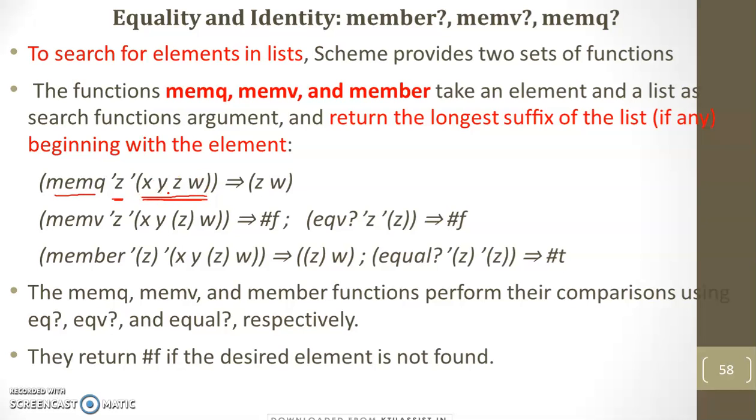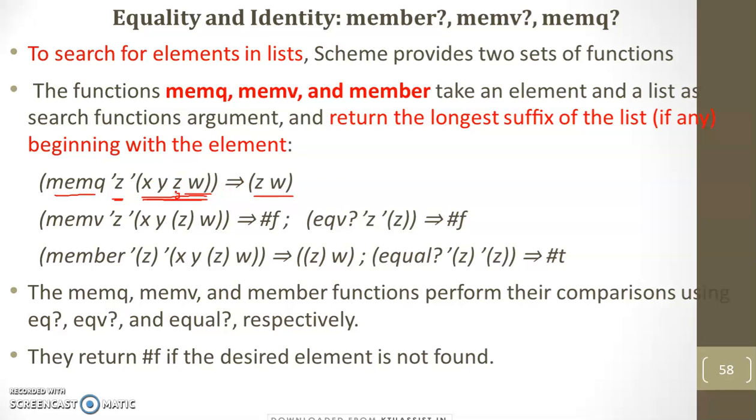Once Z is found, from that location towards the end of the list, whatever elements are there will be returned. So it will return the longest suffix of the list beginning with the element.